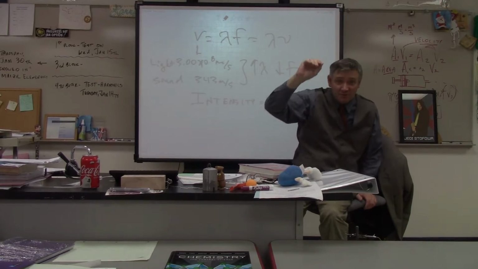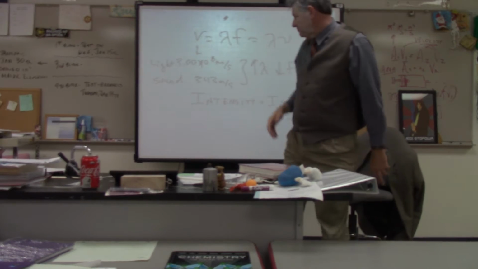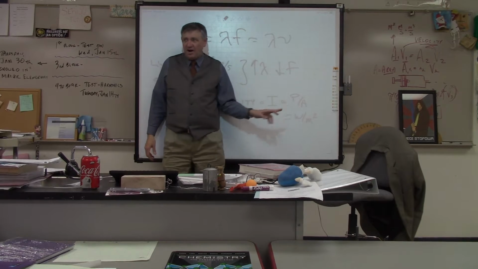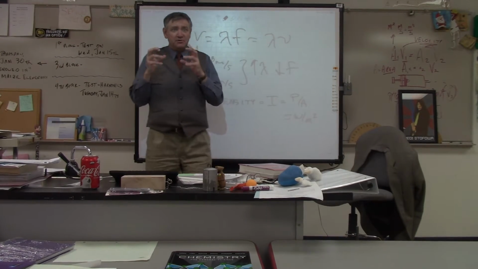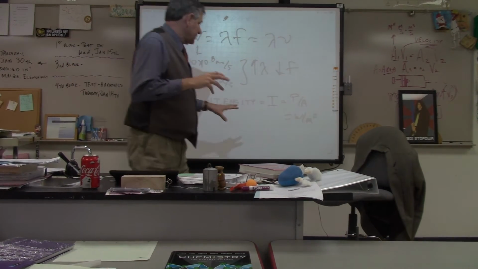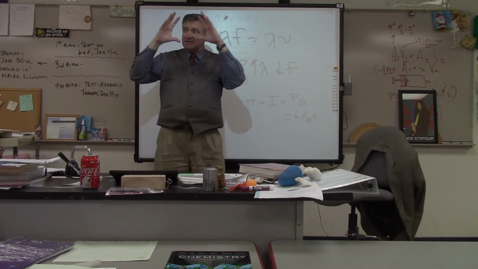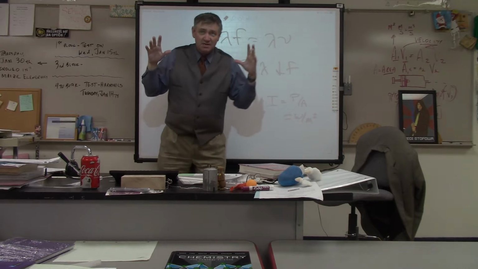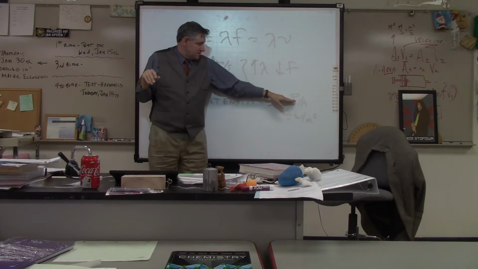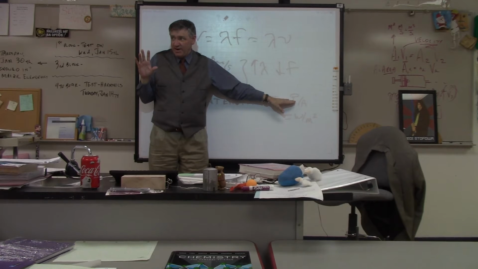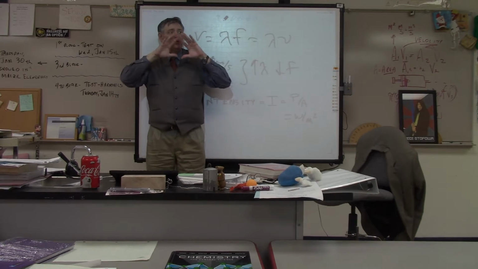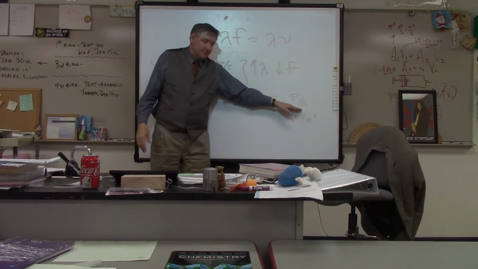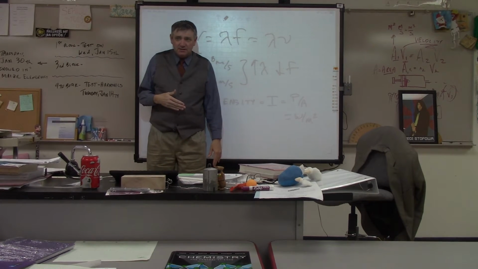If I get really close to that bulb, the power is a fixed value, but the light is spreading out and becoming more diffuse. As I get further away, the area over which that energy is spread gets bigger, so the intensity has decreased.